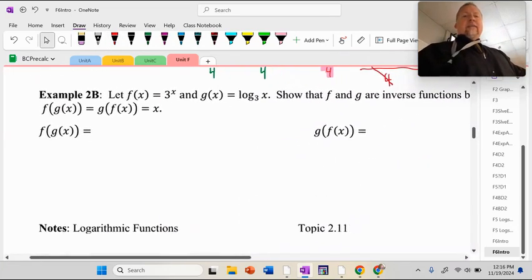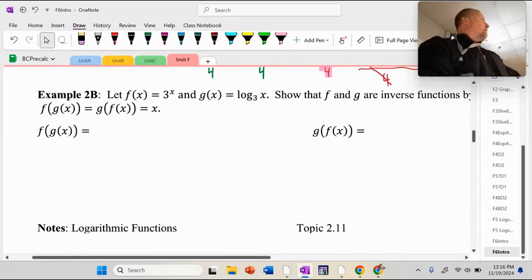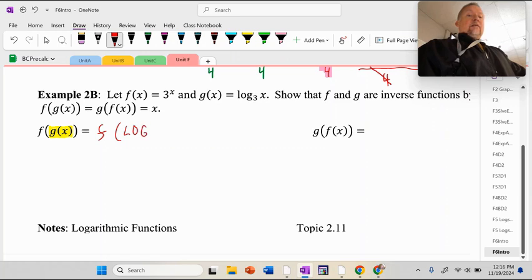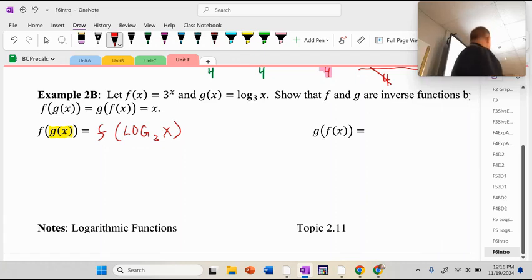Now, let's show through our composition of functions that we can do this. I've got to show you something before I go on. We know this is the case. So f of g of x, where g of x is log base 3 of x. You input the value of the function for its name.